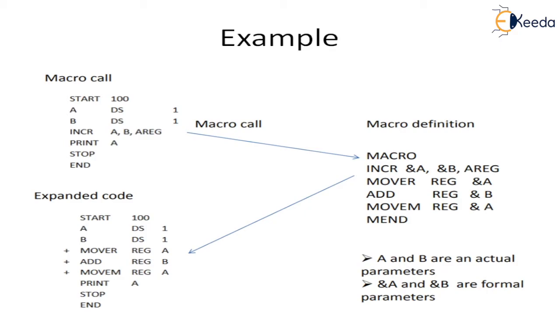Under this definition, A and B are the actual parameters, and the formal parameters are the references. The actual parameter contains the value of that particular parameter, and the formal parameter contains the reference of that particular parameter. This is shown in the expanded code. So in this way, we studied the concept of macro definition and macro call. Thank you.